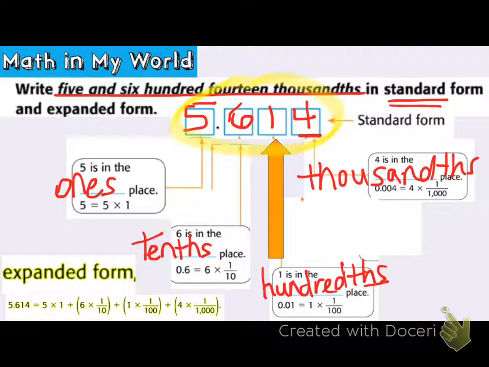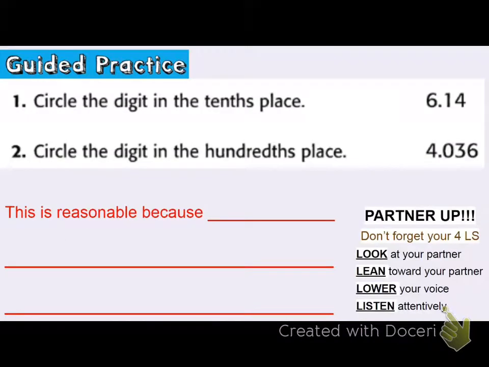I have it in expanded form, showing the value of each of the digits. And I also have it in words, in parts. So I know I have the correct answer because all of it is equivalent. All of it is showing the same value. It makes sense.